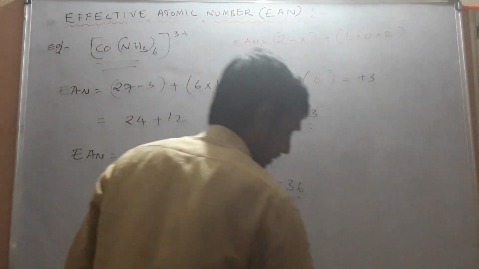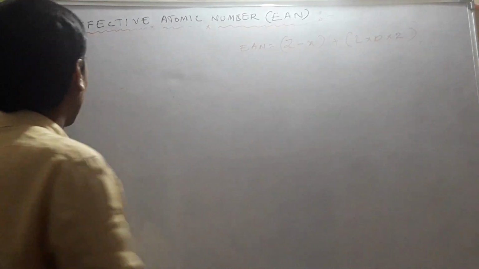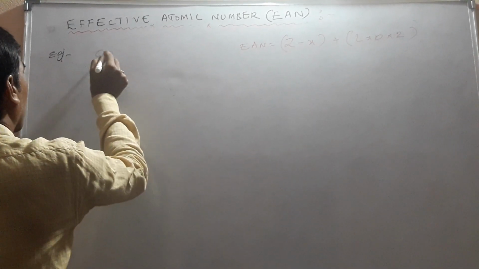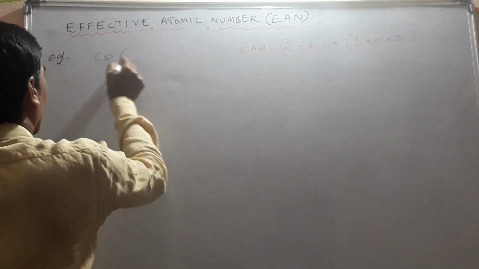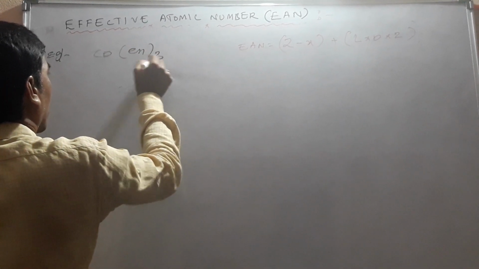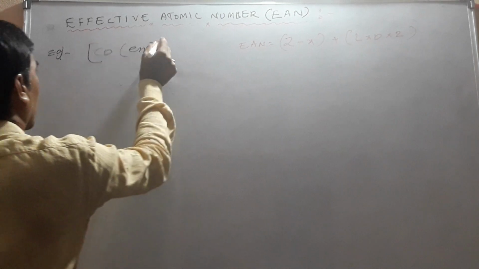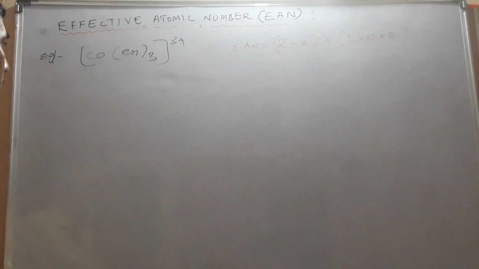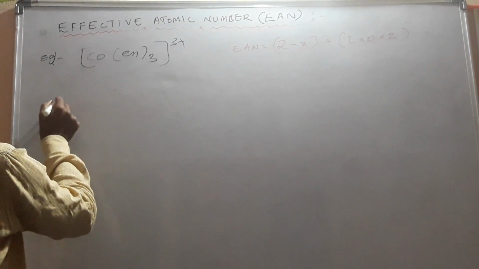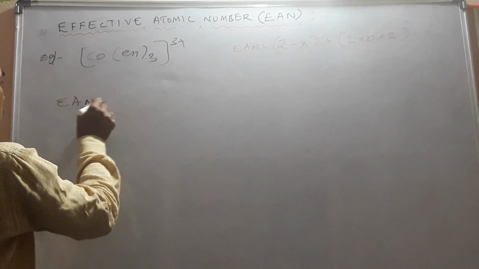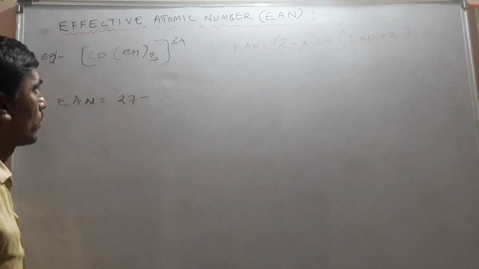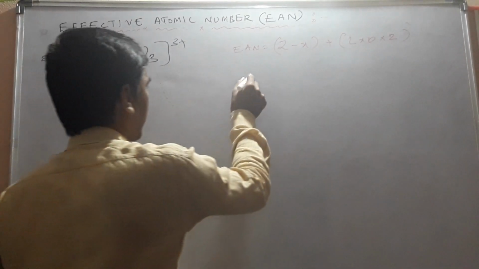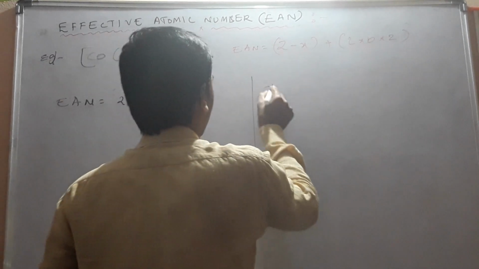We are using another example, cobalt en taken twice, 3 plus. In this complex, the atomic number of cobalt is 27. Next, the oxidation number of cobalt atom is X plus.